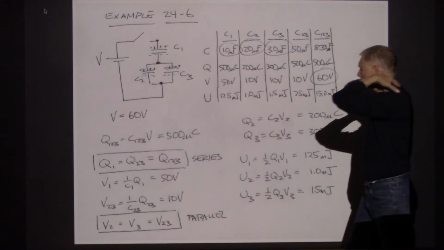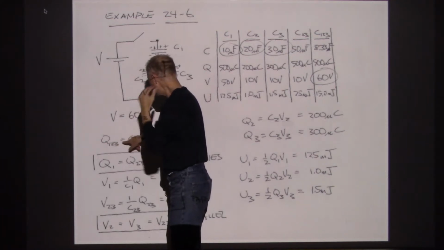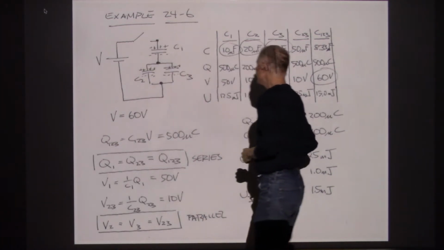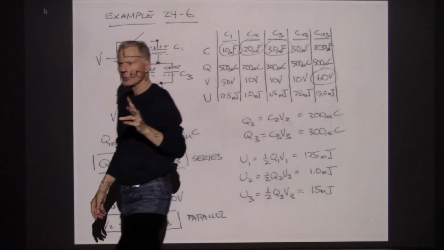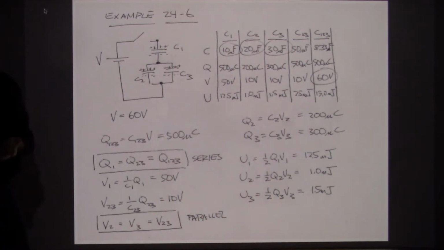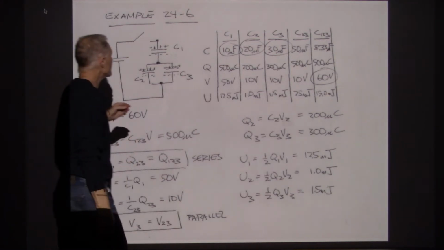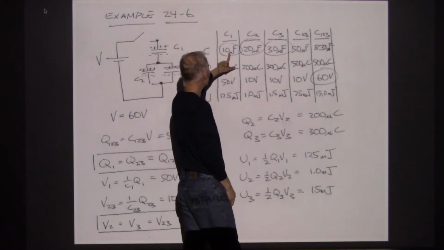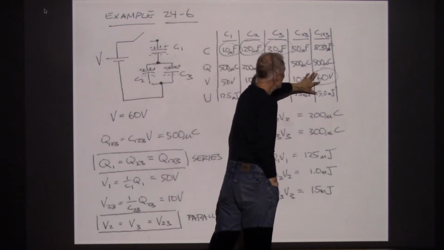Now, since for each column, Q is equal to C times V, that means that in a column, once I have 2 entries, I can calculate the third one guaranteed. So in a problem, for example, what might be given is, let's say they give us C1, C2, and C3, and they give us the overall voltage of the battery.